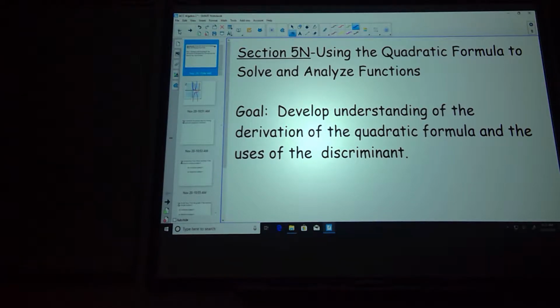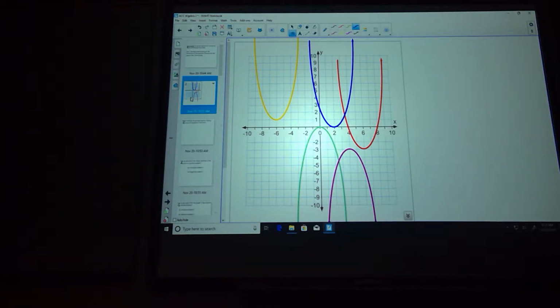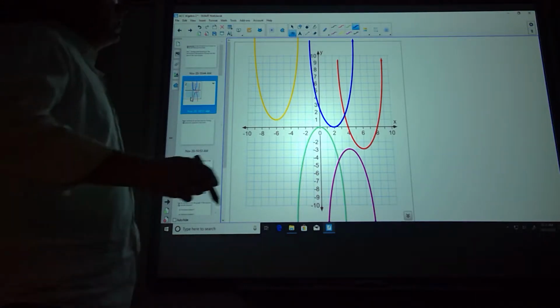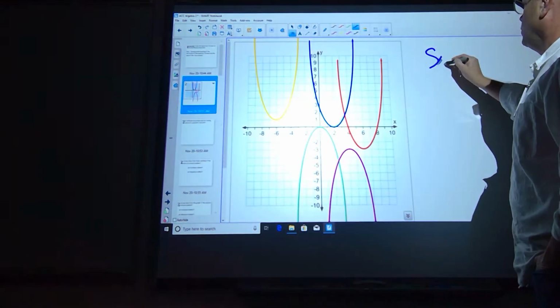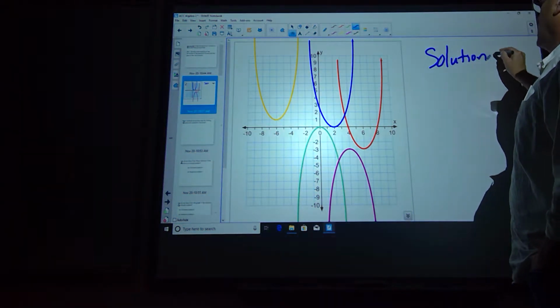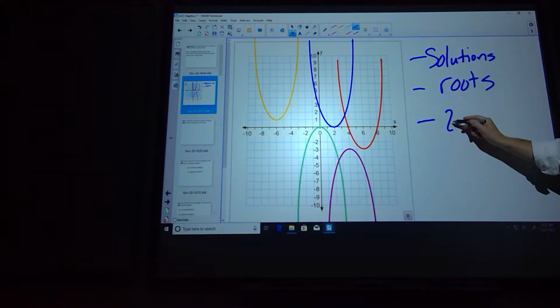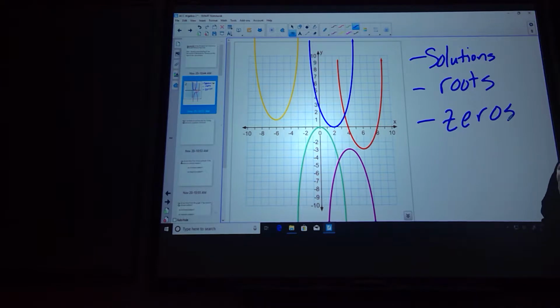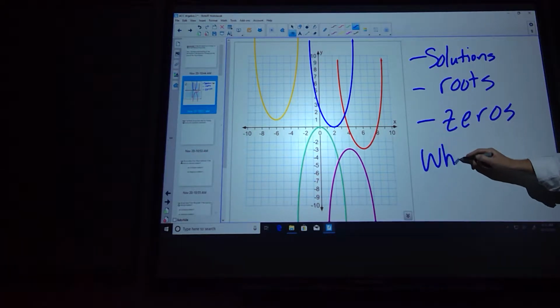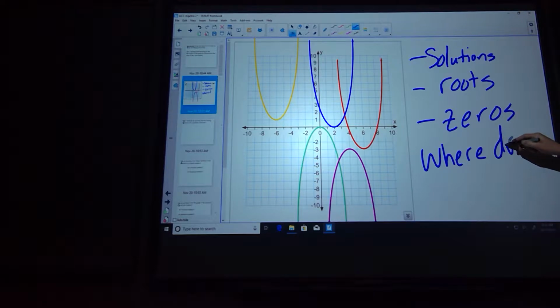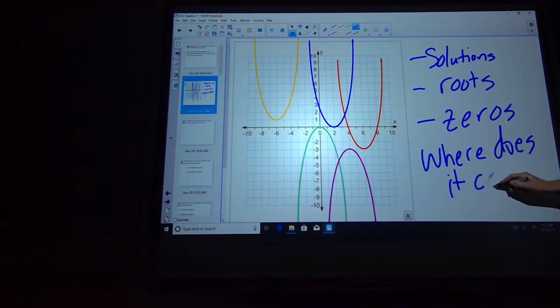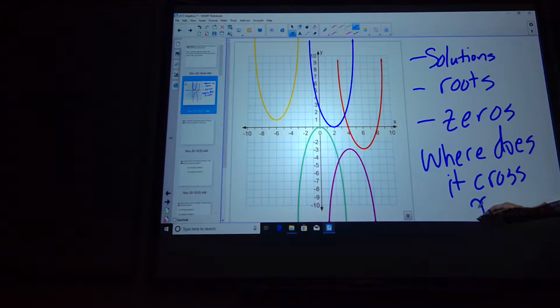Let's go. All right. We're going to understand the derivation of the quadratic formula. But first, let's talk about this picture. If we were to talk about the solutions, which are a lot of times referred to as the roots, sometimes referred to as the zeros, all it really comes down to is where does it cross the x-axis?